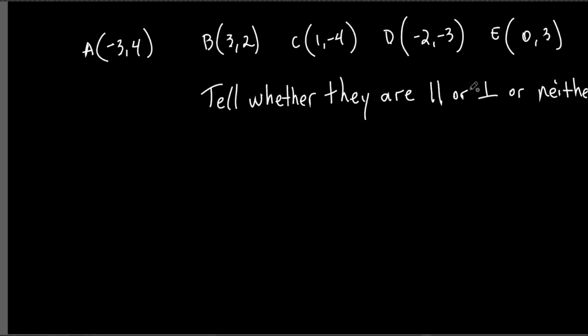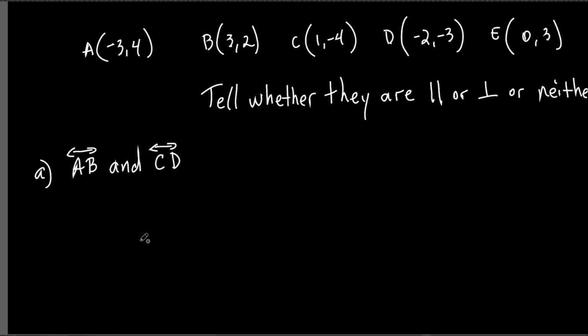Okay? So this is part A and part B. They're going to give you 2 lines. Now, how many points does it take? What's the least number of points it takes to make up a line? 2 points. So they are saying, okay, let's take a look at line AB and line CD.